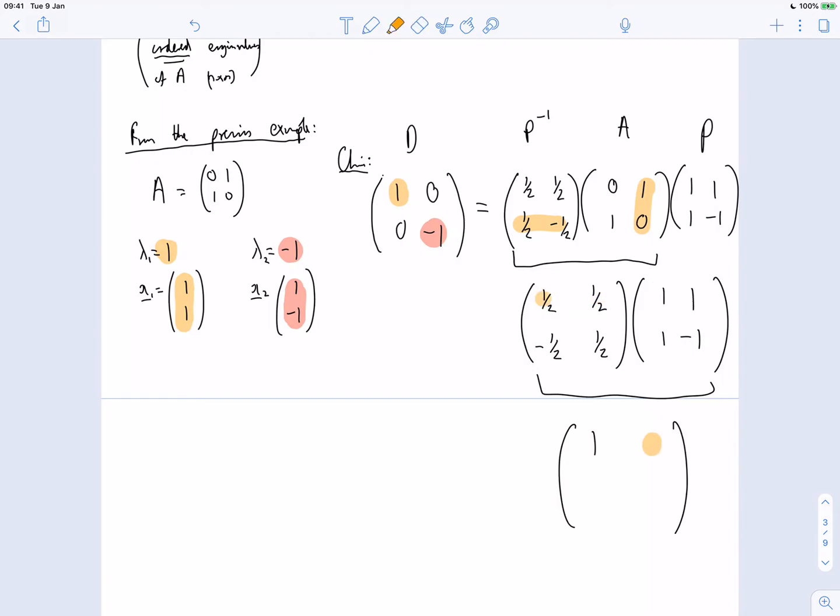First row, second column, I'm going to have a half times 1 plus a half times minus 1, so I've got a half minus a half. That is actually a 0. Okay. Now I want the second row, first column. I'm going to have minus a half times 1, which is minus a half, plus a half times 1, which is plus a half, and that net result is going to be a 0.